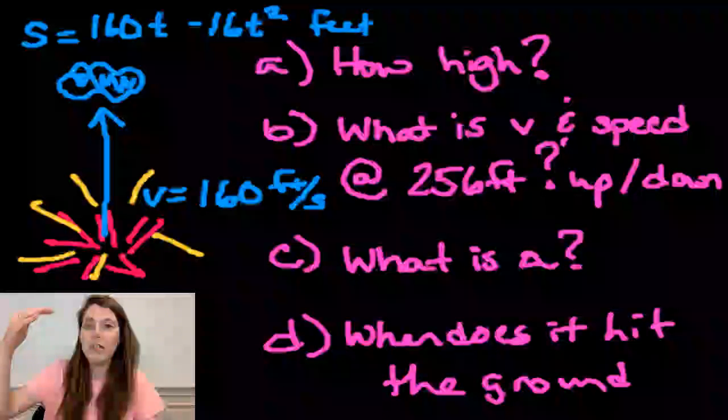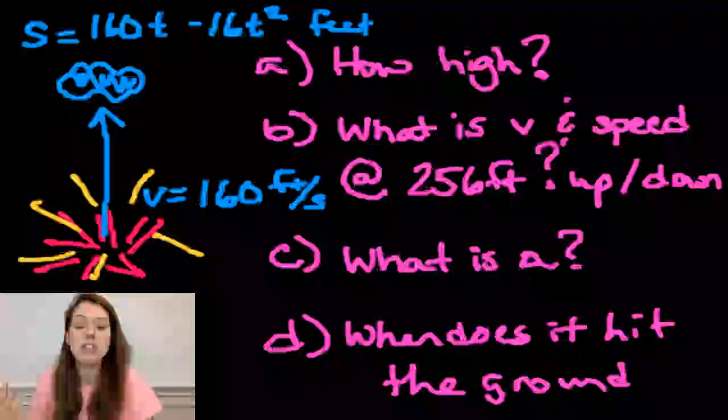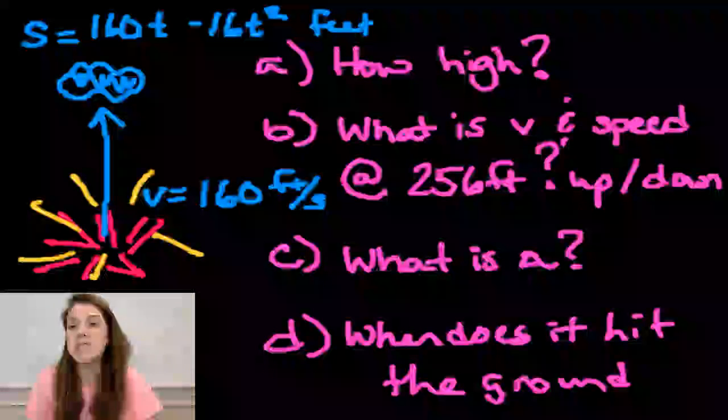Above that little squiggly cloud looking rock, you'll see the equation they've given us for position, which remember is in feet based on time in seconds. So S, position, equals 160t minus 16t squared.